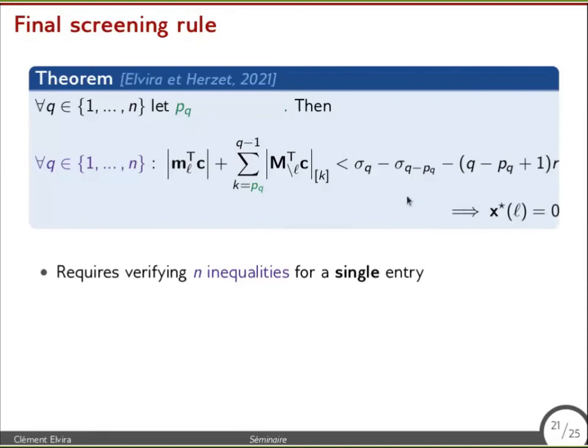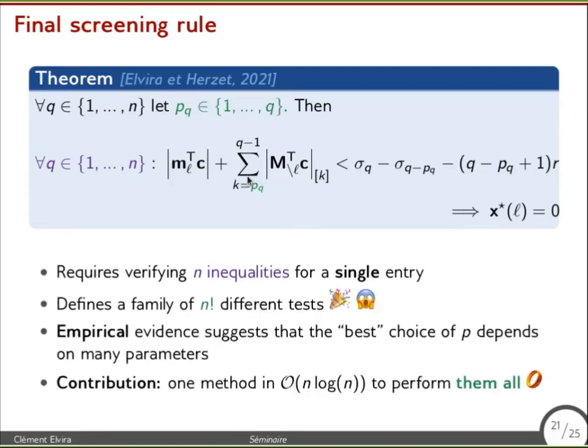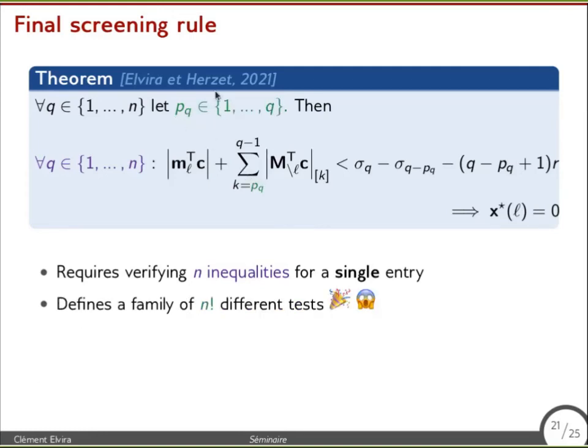So in a short version, at the end, our screening test reads as follows. Take an entry l that you want to test, to see if it corresponds to a 0 or not. Then take all values of q, and for all values of q, define a value pq that belongs to 1 until q.